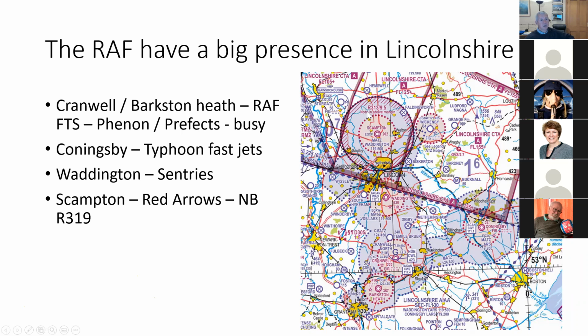And note that you've got this Romeo 313 restricted area, which when it's hot, if you talk to Waddington, you can ask, is R313 hot or not? They'll tell you it's hot or tell you it's not hot. And that means that you can or can't go in there as appropriate. So you might even see the Red Arrows. But it seems to me that when the Air Force is active, this is probably not a profitable line of flight to fly up. Go up a bit west, or if you have to, a bit east.